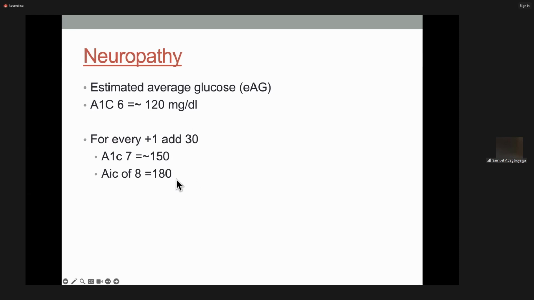So you say 6 times 20, 7 times 20 would be 140. I mean, it's an estimate, an estimated average. On your board exam, you should use this formula. I think both of them are correct. Don't get me wrong, both of them are correct, but use this formula.